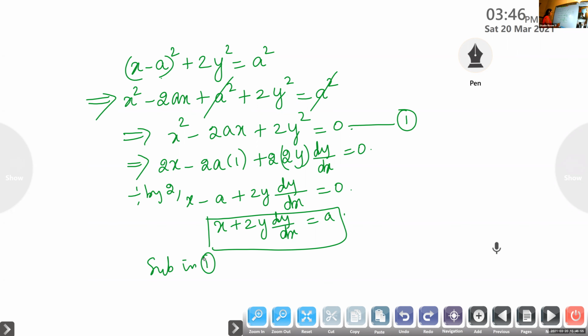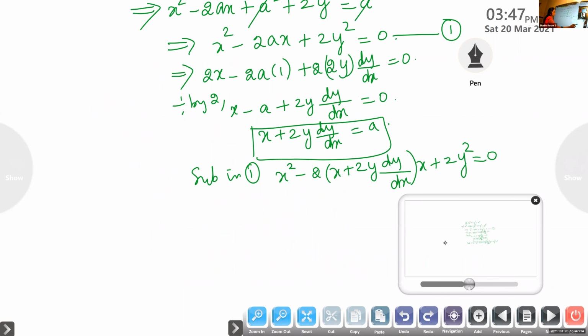Once you get this value, substitute in equation 1. Substituting in 1, x square minus 2 into a. What is a here? (x plus 2y dy by dx) into x, plus 2y square is equal to 0. Okay. Now open the bracket.